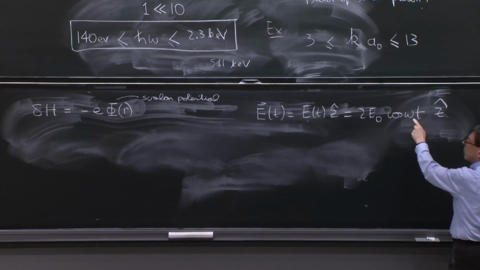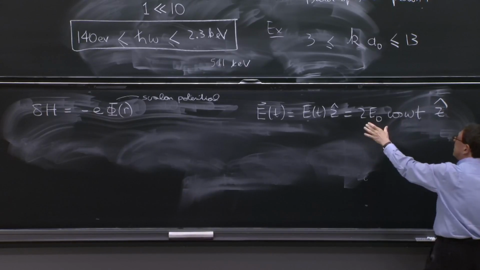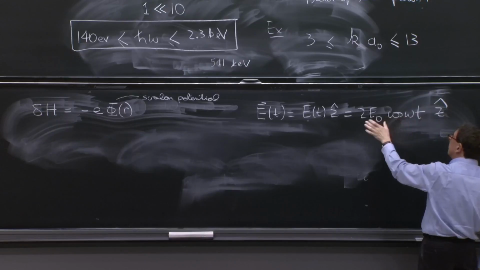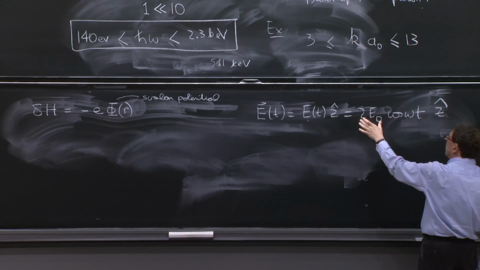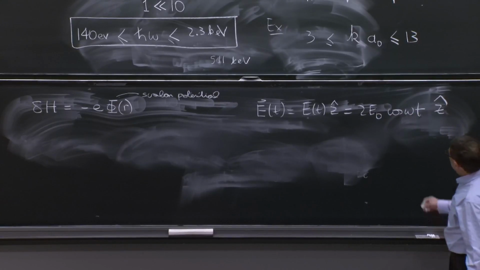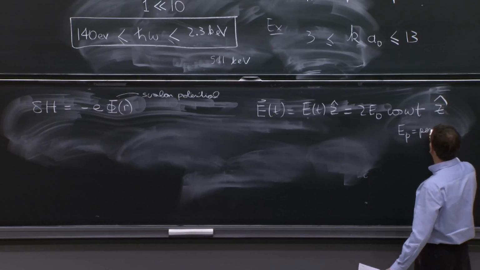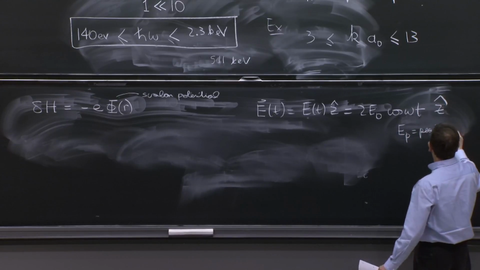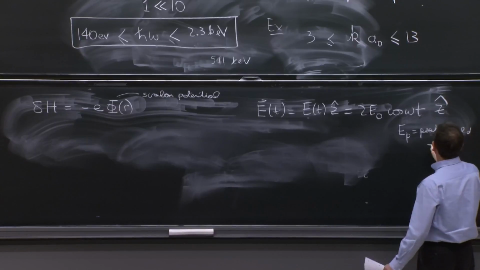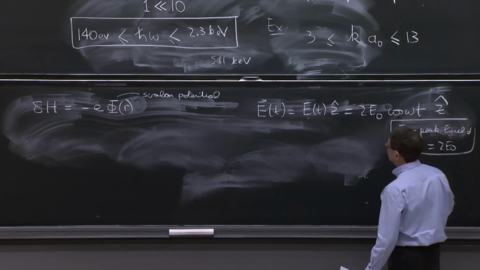That's the frequency of the photons. That's what we've been talking about. And the intensity, again, for this convention's preference, we'll put 2E0 times cosine omega t. So some people say EP, which is the peak E field, is 2E0. That's our convention.